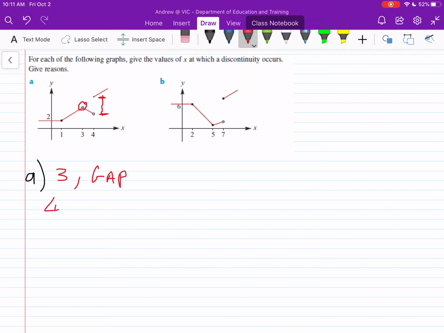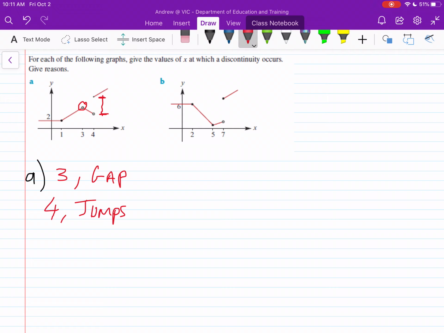So that's a reason why it's discontinuous. So 4, and it jumps, or it changes function. That will change the rule of the function, most likely, which we'll get into a bit later. So they're the two for A.